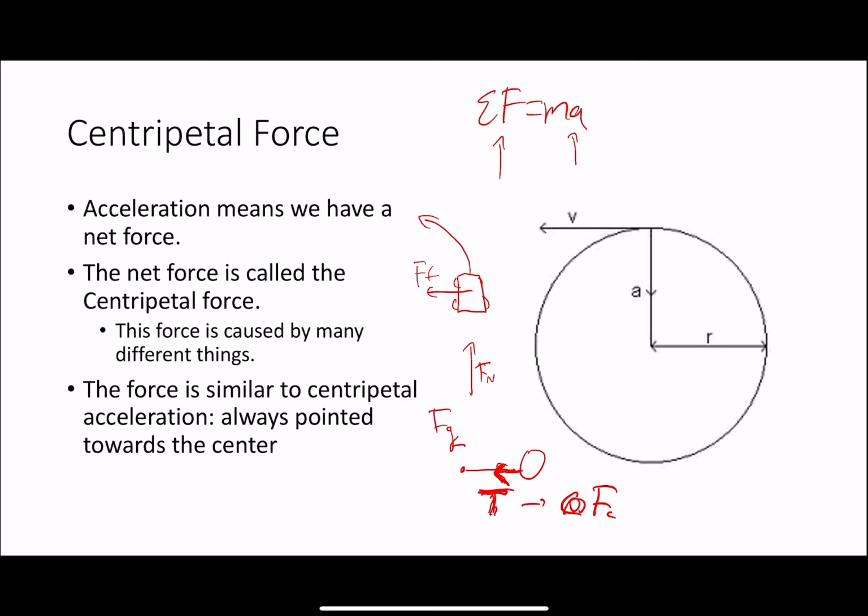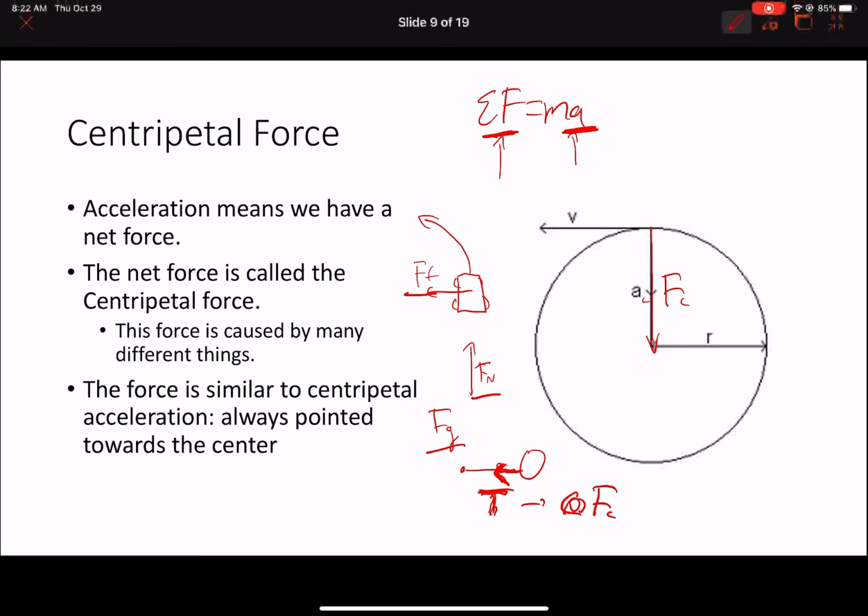All these forces end up being centripetal forces depending on the situation. And all of them, just like acceleration, because of Newton's second law, the acceleration is always in the same direction as the force. And so our centripetal force is also towards the center, just like our centripetal acceleration. They're both towards the center.